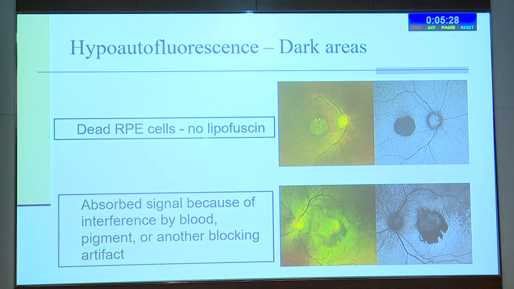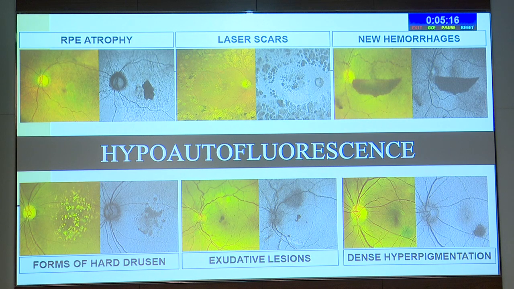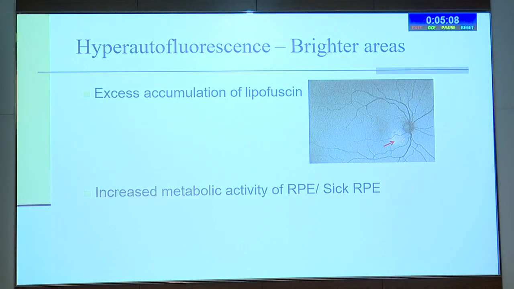That means dead RPE cells, there's no lipofuscin, so you get a dark signal like this, and sometimes you get it because of blocking or absorption of the light by some other lesions, but in general, black means dead. Examples are RPE atrophy, laser scars, hemorrhage causing blocking, and exudative lesions. What about hyperautofluorescence? That means brighter areas on the screen, as seen here.